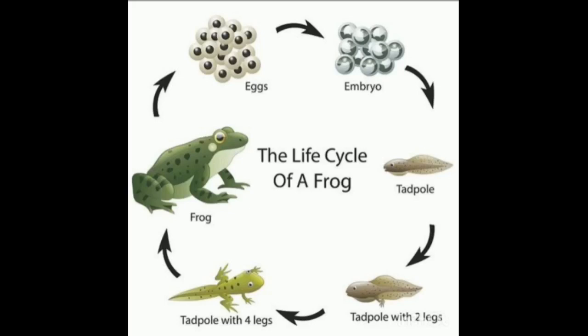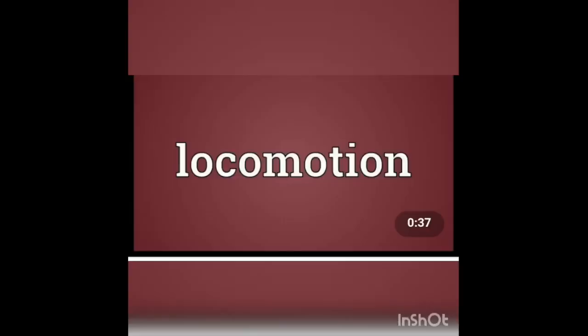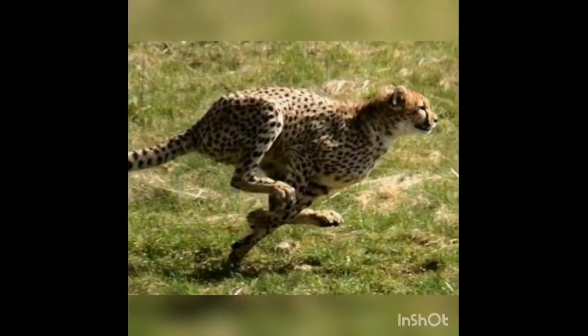So the larva lives in water and has gills like fishes. But when it matures, it has lungs and can live both on land and in water. So how to classify frogs and where to place them? Aristotle classified organisms based on locomotion. Locomotion is nothing but movement.